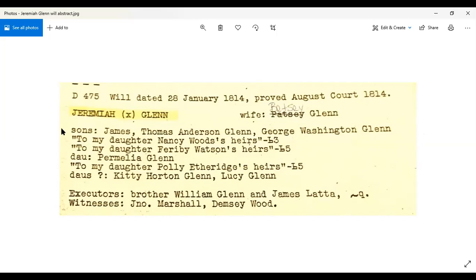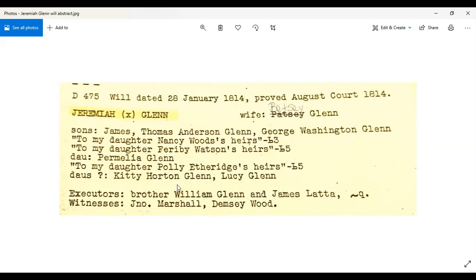And in this abstract, it has pulled the names of his sons, James Thomas Anderson Glenn, George Washington Glenn, and then it says to my daughter Nancy Woods heirs. And that means that most likely his daughters are deceased. It has Pamela Glenn, Polly Eldridge, and then you see here a question mark.